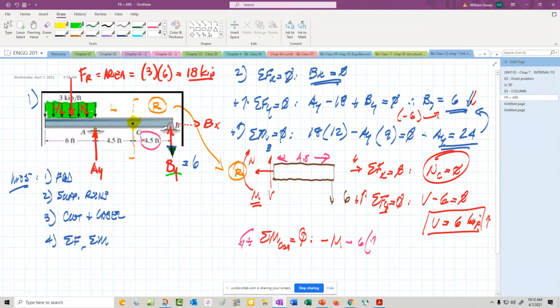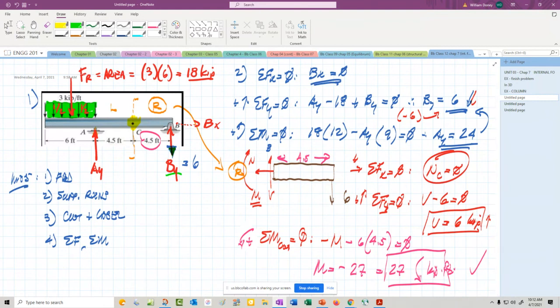Yep, 4.5. That is a good 0. It tells me the moment is going to be a negative 27, which just means that it's 27 on this face, this direction. And that's kip feet. And that solves the problem. Now, again, we could have done using the left section. It would just involve a little more math because there's more forces acting.